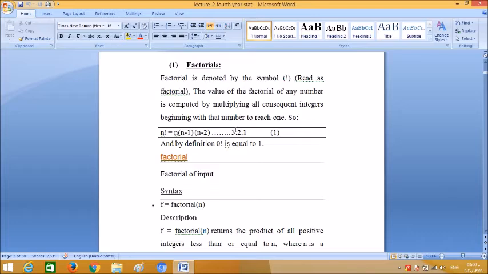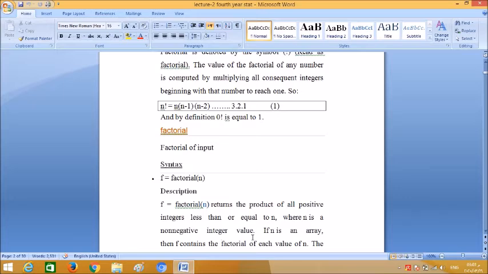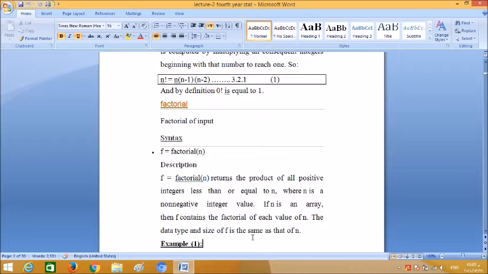Okay, like this, beginning with n to reach 1, where n is a non-negative integer value. If n is an array, then f contains the factorial of each value of n. The data type and size of f is the same as that of n.